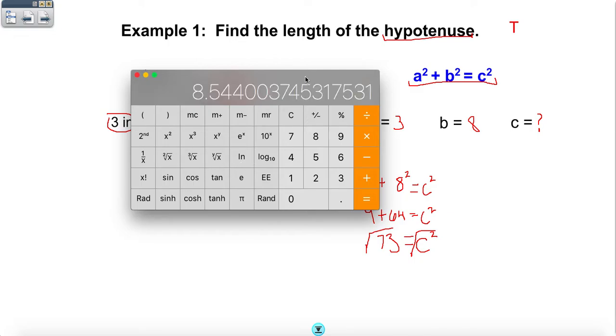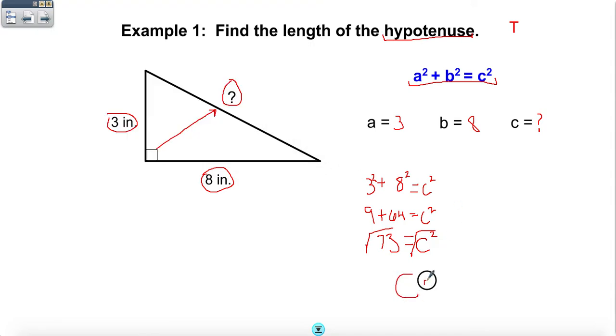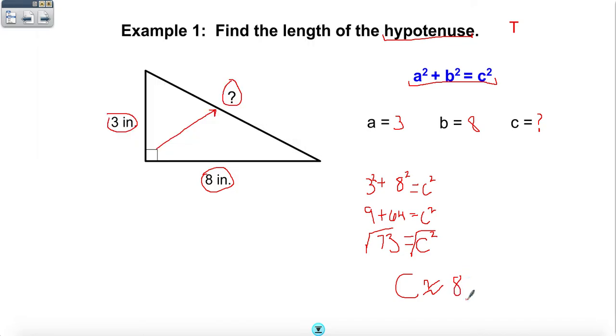The square root of 73 is approximately, I'm going to say, c is approximately 8 and 54 hundredths. That's me rounding. The other way you could write this is c is equal to the square root of 73, which gives you the exact answer. It's just not as neat as 8 and 54 hundredths.